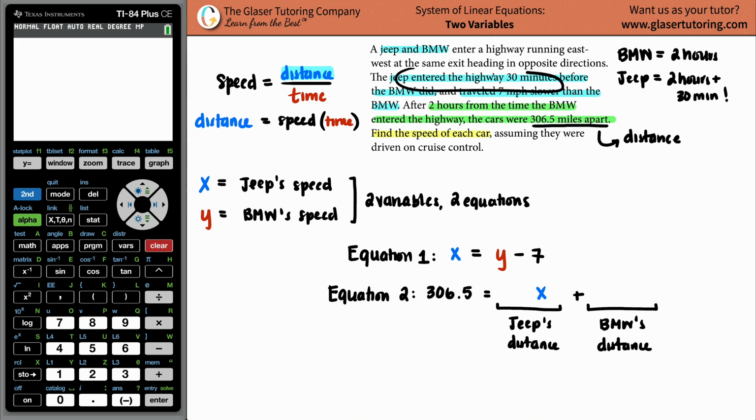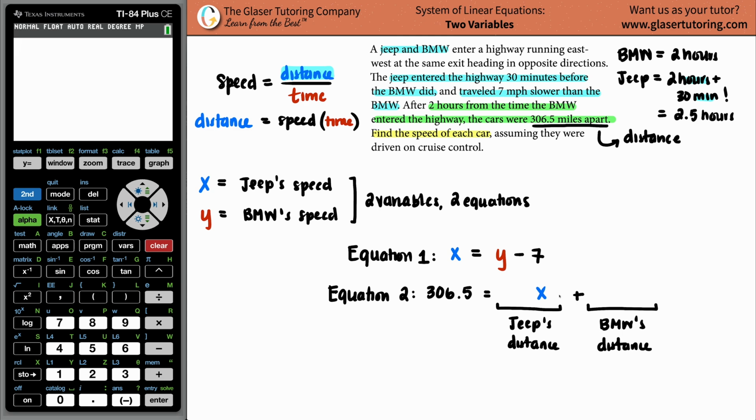Because the Jeep entered 30 minutes before, the BMW is on it for 2 hours, which means that the Jeep has to be 2 hours and 30 minutes. However, we can't have two different units here, right? Hours and minutes. Keep in mind that 30 minutes is always half an hour. So we could just say that the Jeep is equal to 2.5 hours.